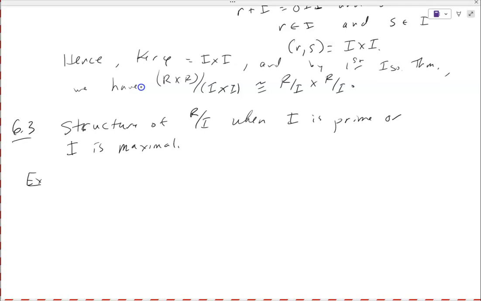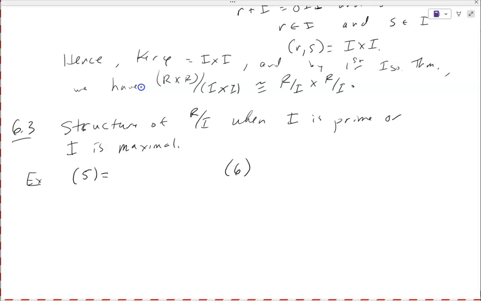Well, let's think about just the number. So remember, in the integers, we can generate every single ideal by a single element, right? We said that it's a principal ideal domain. Everything in the integers is generated by a single element. So if you look at the ideal generated by 5 versus the ideal generated by 6, what are the elements of each of these?